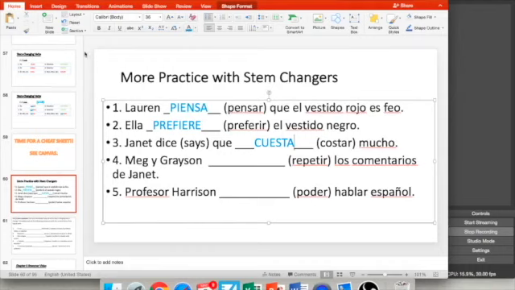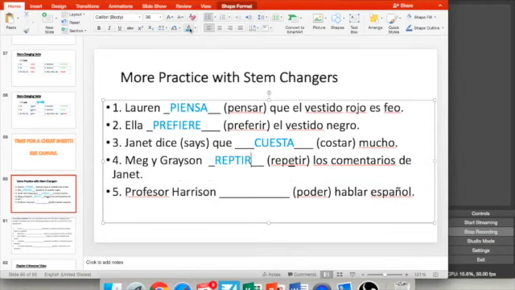Okay, number 4, Meg and Grayson repetir los comentarios de Janet. So Meg and Grayson, they kind of echo Janet's comments. They agree. They repeat her comments. Repetir, as you know from your sheet, is an E to I stem changing verb. It is my second E that changes to an I. So I can get repetir in this case, if I can type.